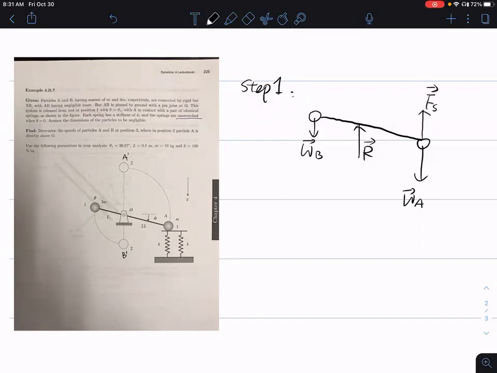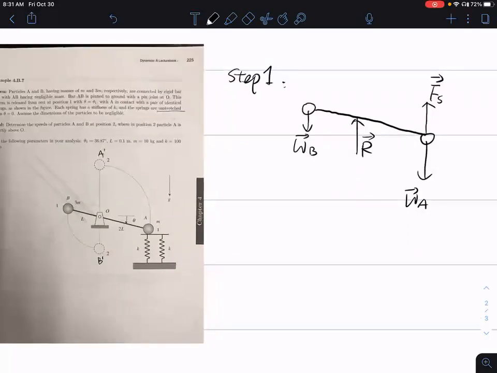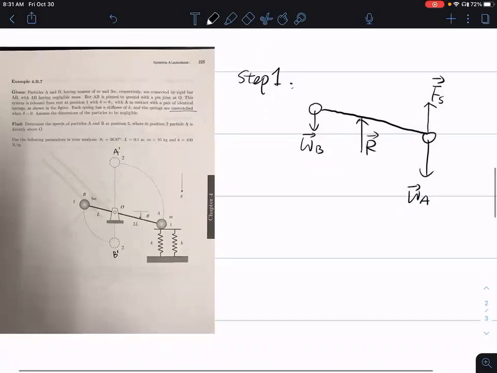So the reaction force isn't angled at all? The reaction force R is just going to be pointing straight up. If you have a pin point, just assume that the reaction force is straight up. Okay, that's the free body diagram. Then I will leave step 1 to step 5 for you to do.